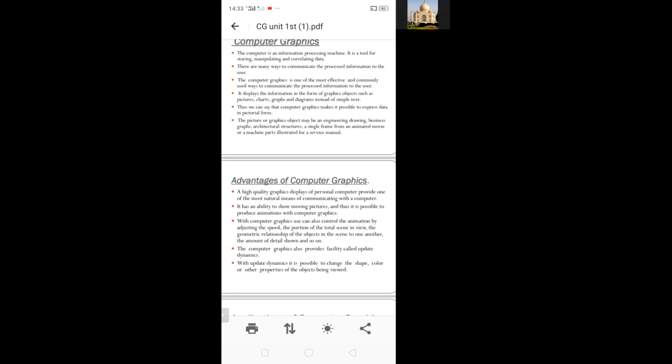In that case, the building remains the same but the car is moving, so those frames are interlinked with each other with minute differences. Those frames are connected with each other, and we are able to create the animations. So that is nothing but the animation frame. Computer graphics is basically helping in that case.